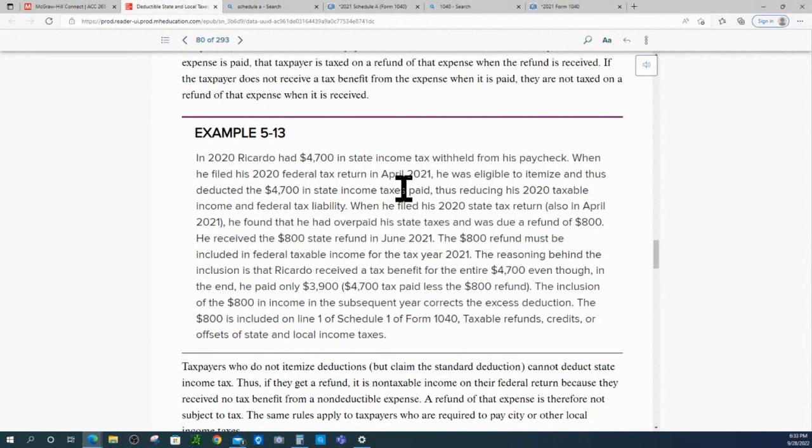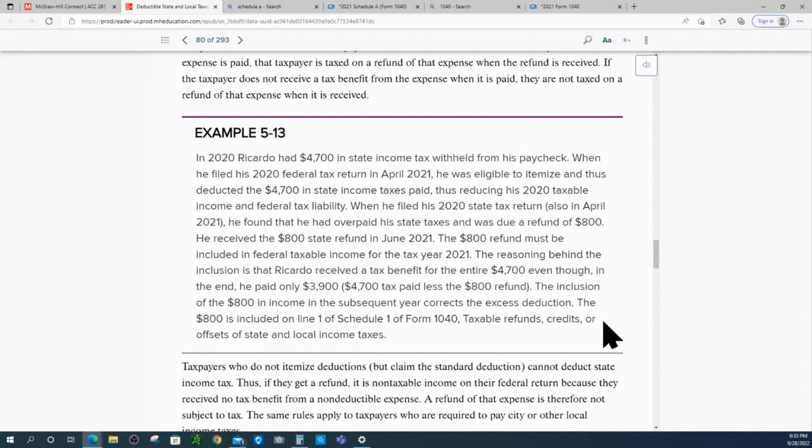So that's what we're talking about here, but we're talking about the beginning of that calculation, when you actually are claiming those taxes as an itemized deduction. In this case, the $800 in refund must be included in the federal taxable income because he received a tax benefit for the $4,700. He deducted the $4,700 one year, but then he got $800 of it back.